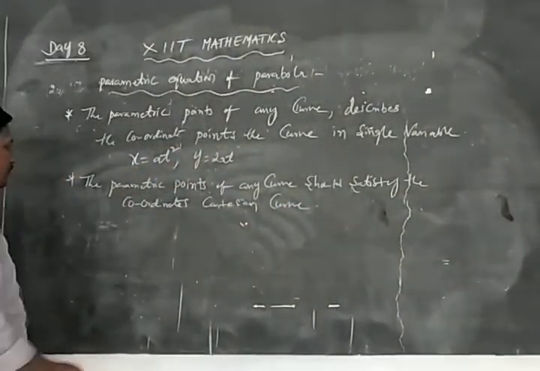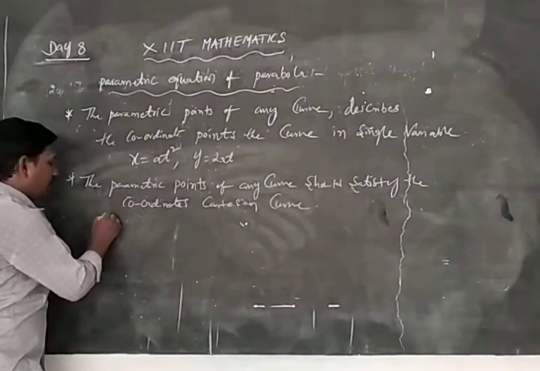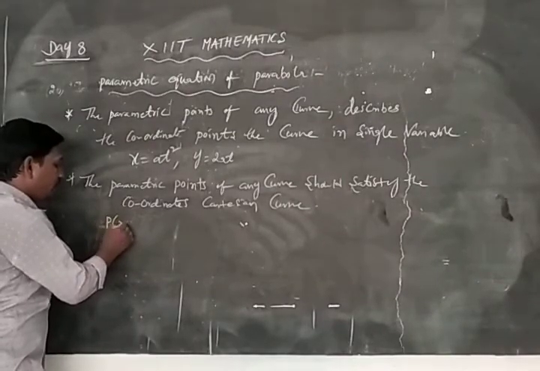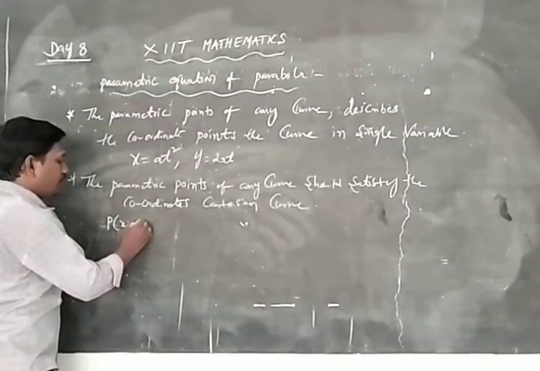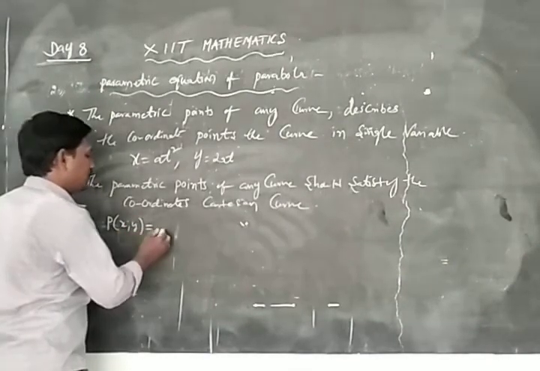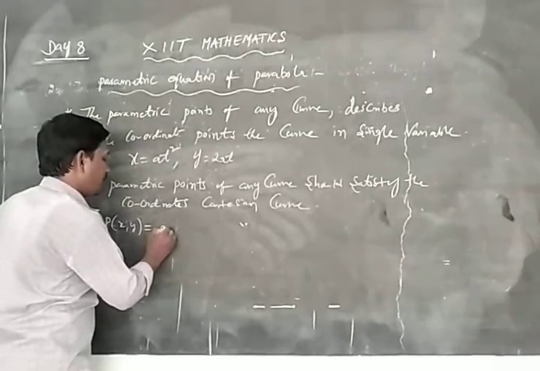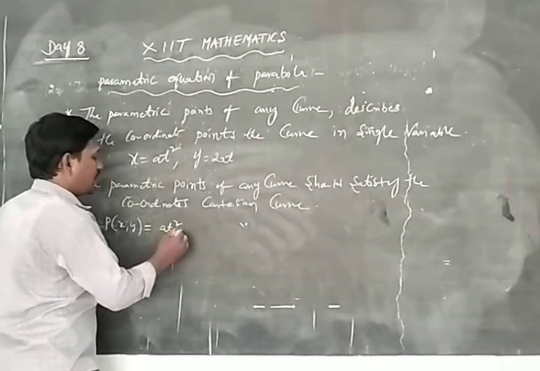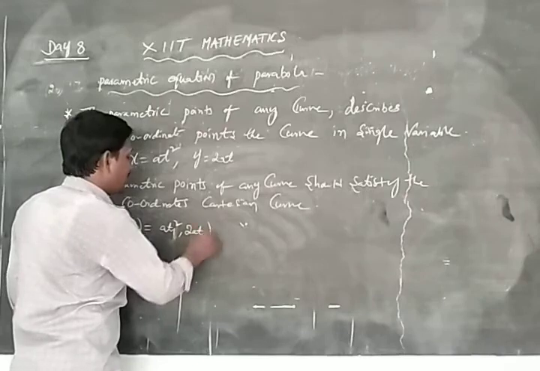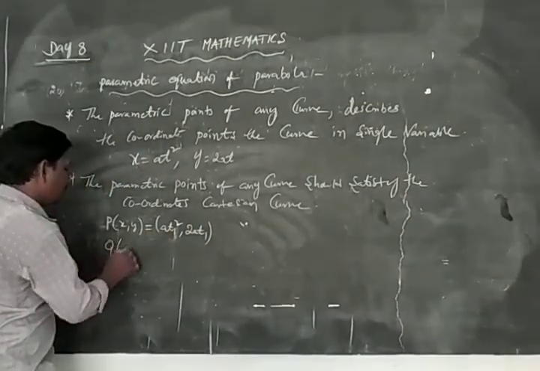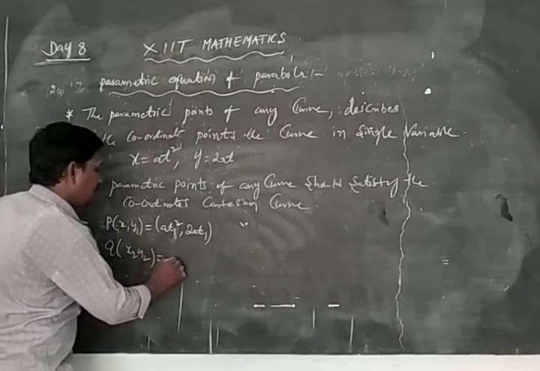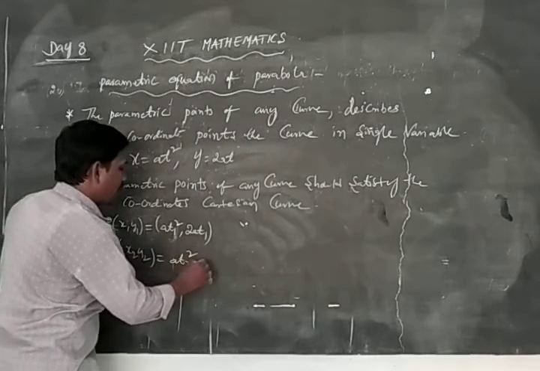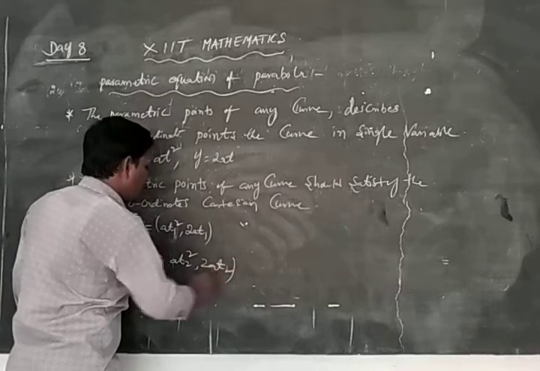So P(x1, y1) equal to a t1 square comma 2a t1, Q(x2, y2) equal to a t2 square comma 2a t2.